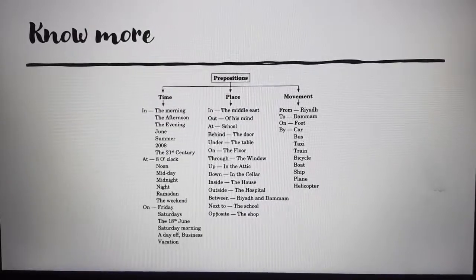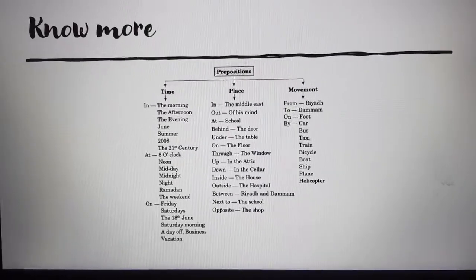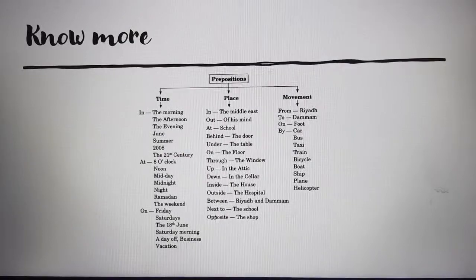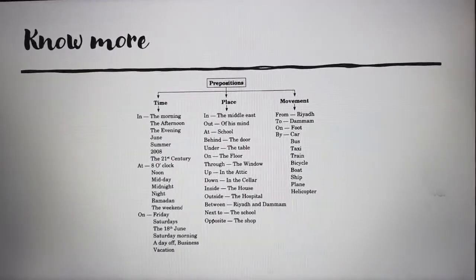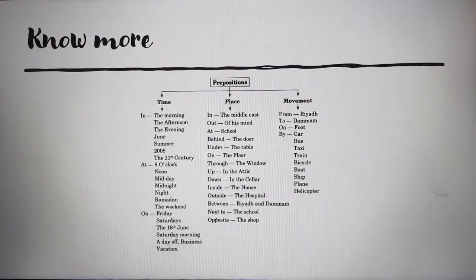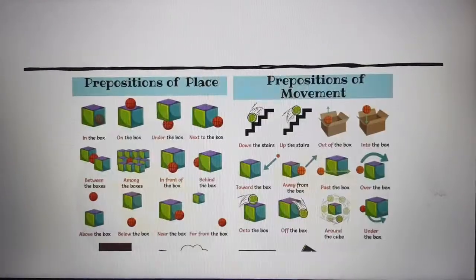Next is in the Middle East, out of his mind, at school, behind, and so on and so forth. You can read it yourself, okay? And this table has made it very easy to know which preposition should be used where, right?